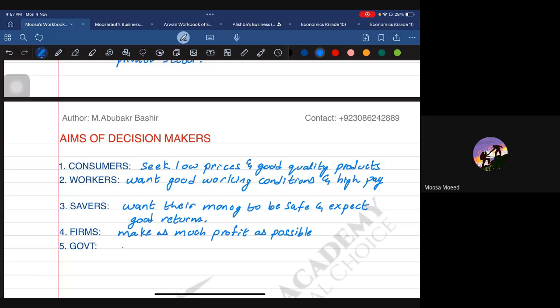Now the government, very clear, the social welfare of society, and they want a strong economy. You can write this down, and we are done with this chapter, and we'll be moving forward to the next chapter.